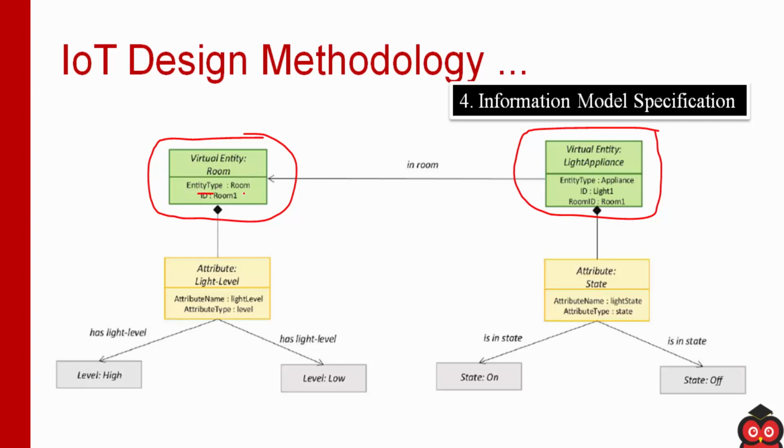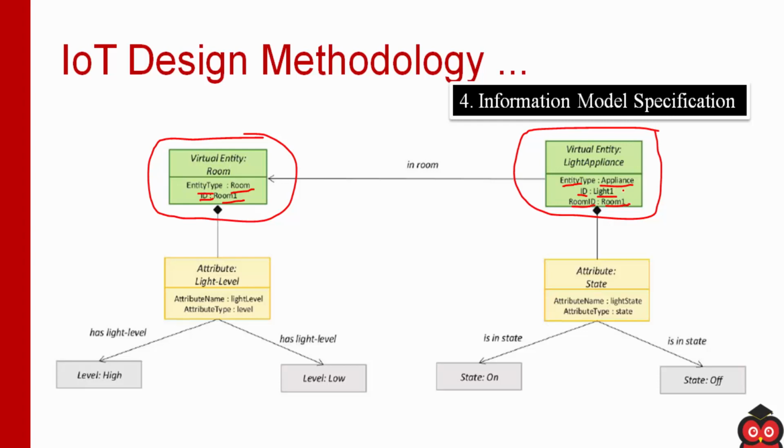You can see some extra information here. The type of entity is room, and they are also giving an attribute ID whose value is room 1. Similarly, for the light appliance, that is the bulb, the entity type is appliance, and the ID they are giving is light 1, and the room it is available in is room 1.